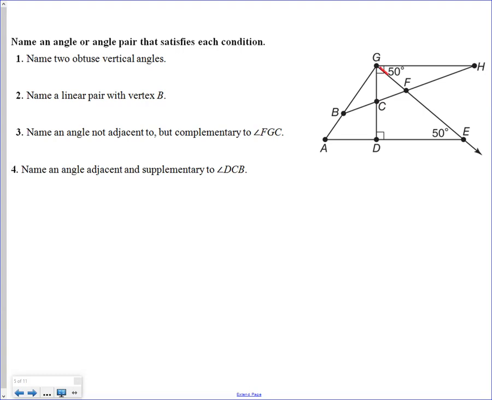One of them would be that angle and this angle. So that would be angle GFH and EFC or EFB. The other you might use would be BCG and DCF.